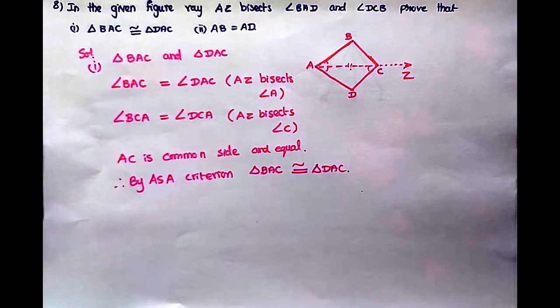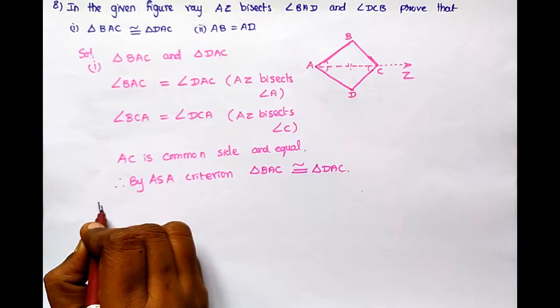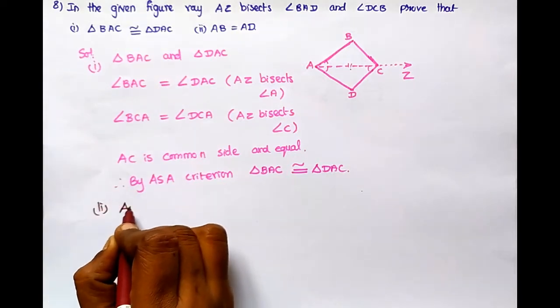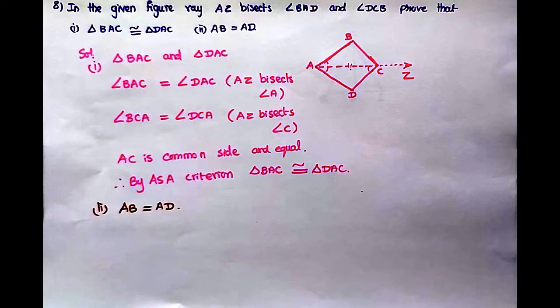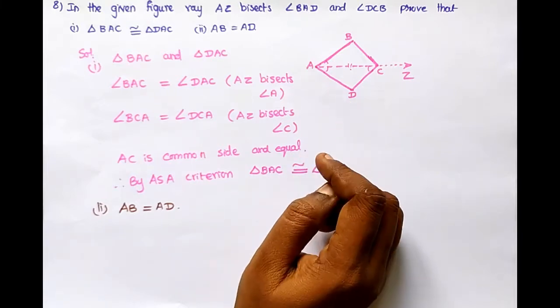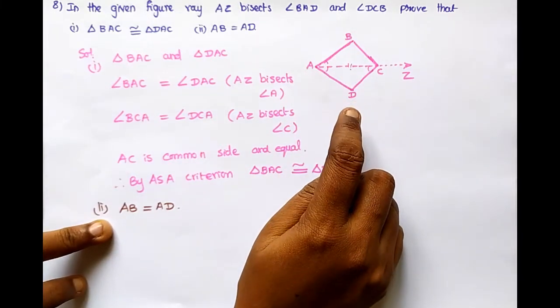Next, AB equal to side AD. How will you tell that?